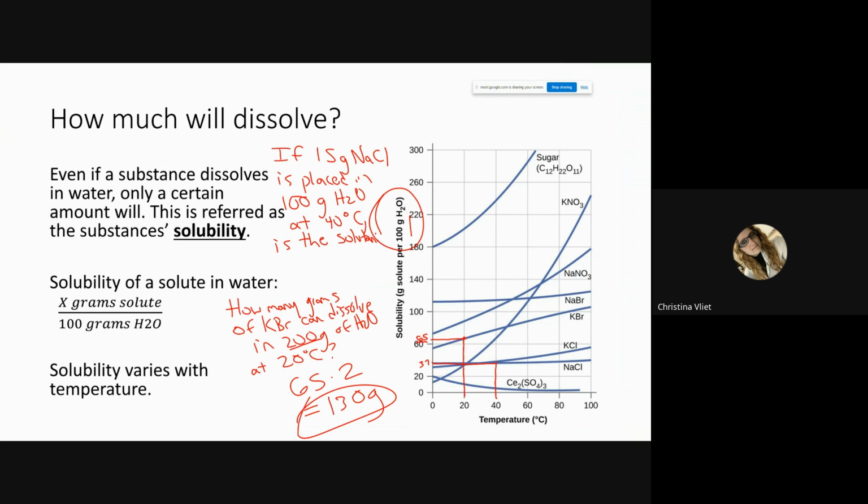We have 15. I'm pouring 15 in. Can I predict if it will dissolve? Will it all dissolve? So if it all dissolves, and you can dissolve more, it's unsaturated. The answer here is unsaturated. So anything less than 37 would be unsaturated. 37 would be saturated.